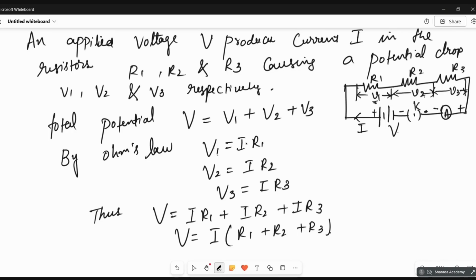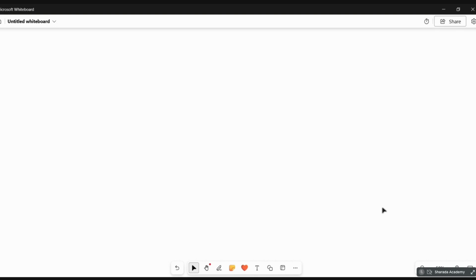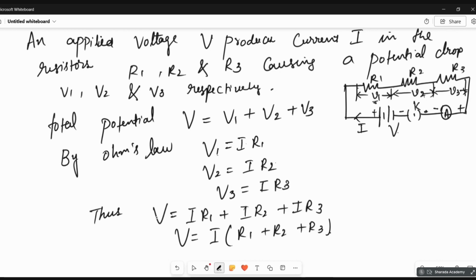What about V2 here? I into R2. What is V3 here? I into R3. Okay, so all the three voltages are this. So now total voltage V should be equal to I into R1, because that is V1, plus I into R2 plus I into R3. I is same for all. I can take it common. So V is equal to I into R1 plus R2 plus R3.